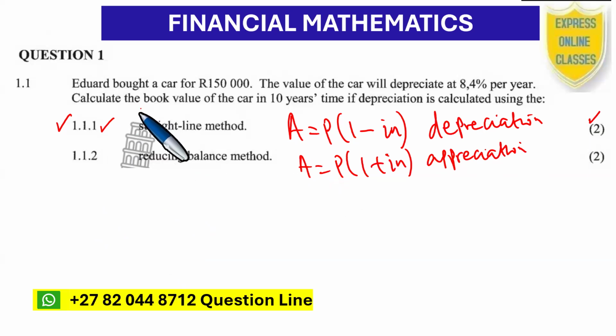Edward bought a car for 150,000, and the value will depreciate at 8.4% per year. Calculate the book value in 10 years' time using the straight line method. I want to see what answer you're going to get before we discuss it together.